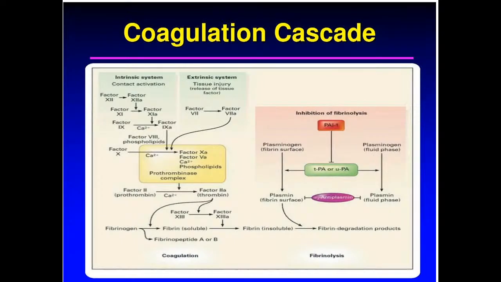Student, in this slide you can see the coagulation system, the coagulation cascade. I don't explain this cascade in great detail, but I tell you that this cascade has the intrinsic system and the extrinsic system. The intrinsic system, which I call contact activation of the clotting factors, has two mechanisms.